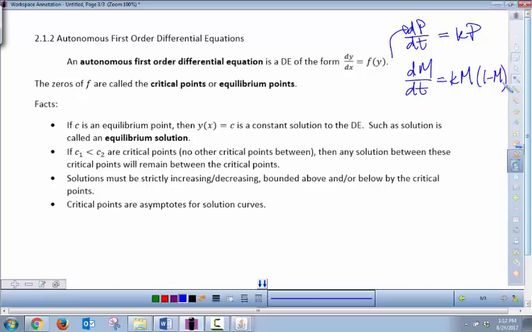I think one we looked at last time was the rate of change of a disease being a product of the disease times people that don't have the disease. So that would be another example of an autonomous differential equation because it has no independent variables in the right-hand side. So these are two simple examples.